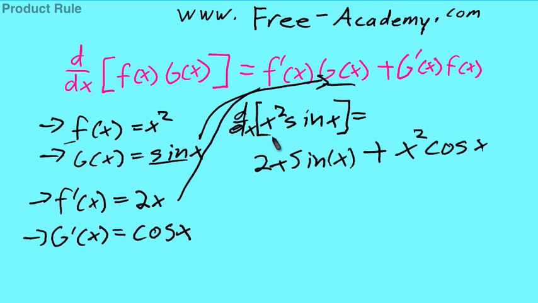So the derivative of x squared sine of x equals 2x sine of x plus x squared times cosine of x. Very simple to do these kinds of things once you have the formulas for doing it. And I'll do another practice problem to really try to drive this home for you.